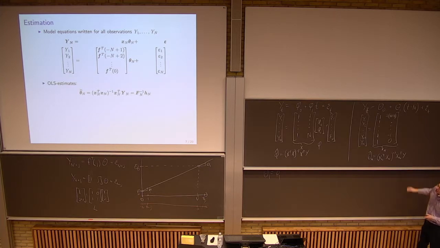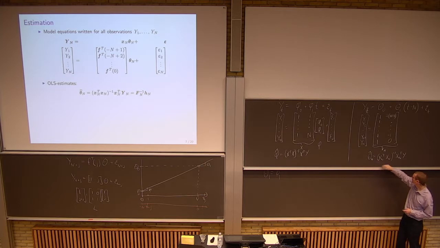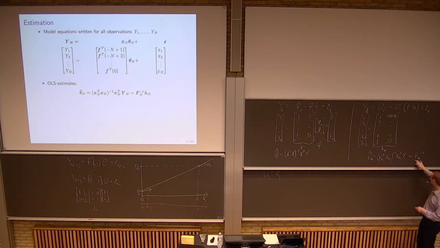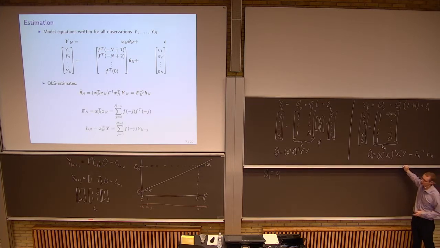I won't give y a subscript n, but it's implicit that this is the vector of elements up to time n. So that's the estimator. I will define it as Fn inverse, so that x transpose x is my f, and then hn, which is xn transpose y. Just like this.